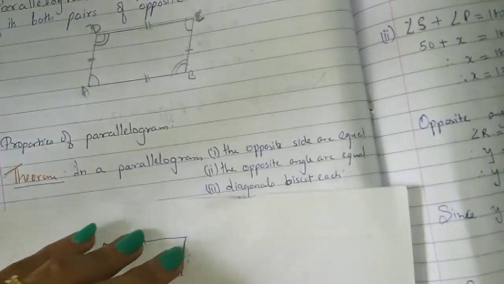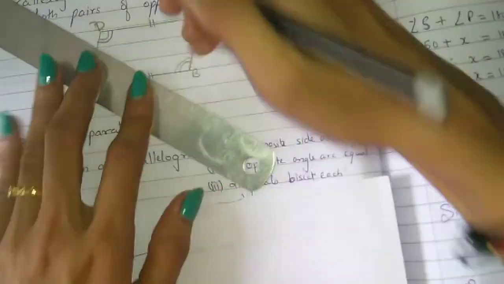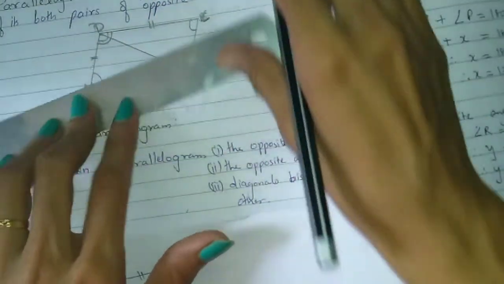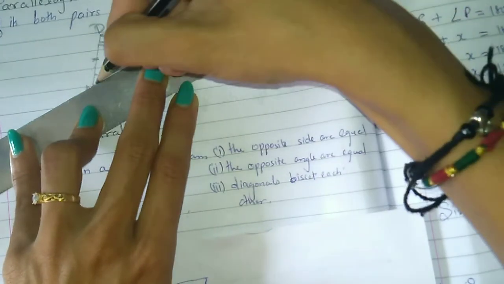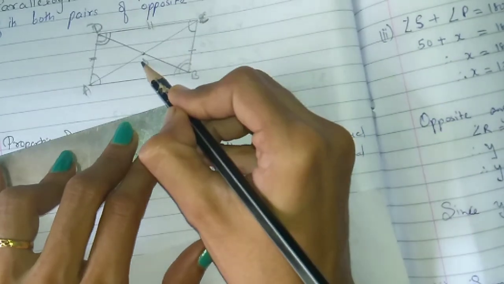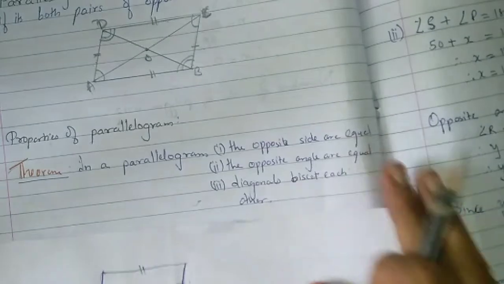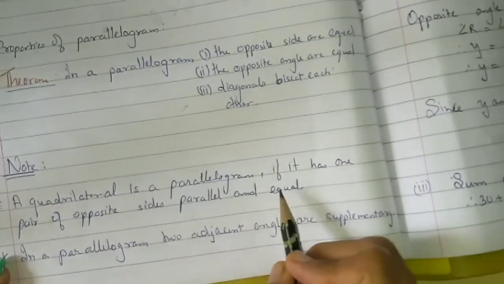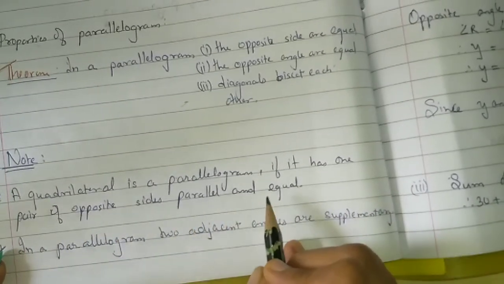Diagonals bisect each other. This diagonal BD and diagonal AC bisect each other. This is the bisector. Now notice that a quadrilateral is a parallelogram if it has one pair of opposite sides parallel and equal.